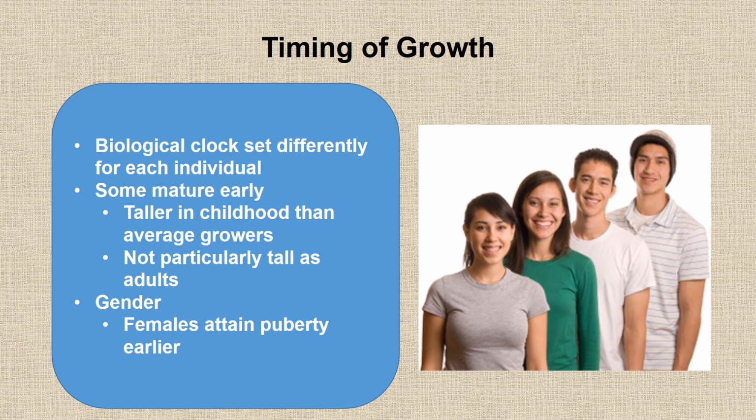Now the biological clock for every individual is set differently. Some individuals mature early, and thus they are taller in childhood than average growers, but as adults they may not be particularly tall. Females attain puberty earlier compared to males.